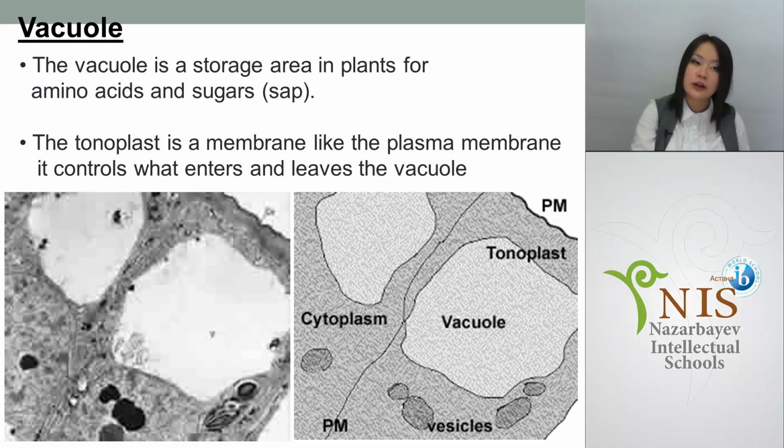Okay, the next organelle is the vacuole. The vacuole is a storage area in plants for amino acids and sugars.